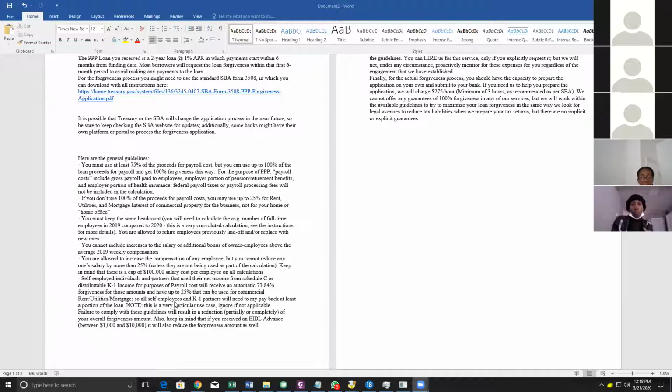So all self-employed and K1 partners would need to pay back at least a portion of the loan. When we're talking about a portion of the loan, you're going to be paying back at least, what is it? What's the calculation?